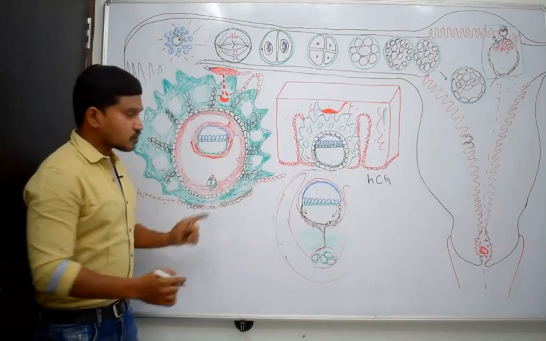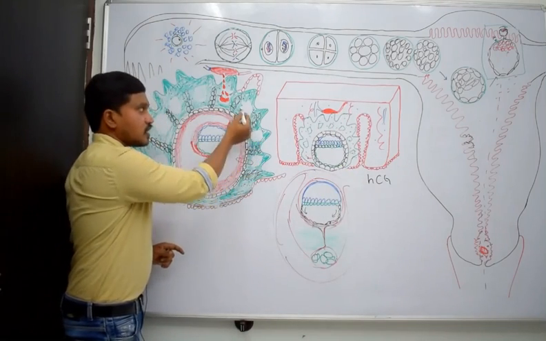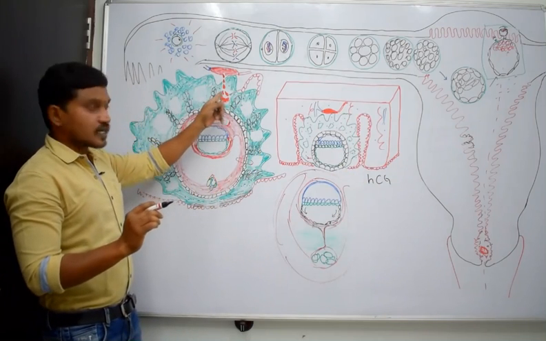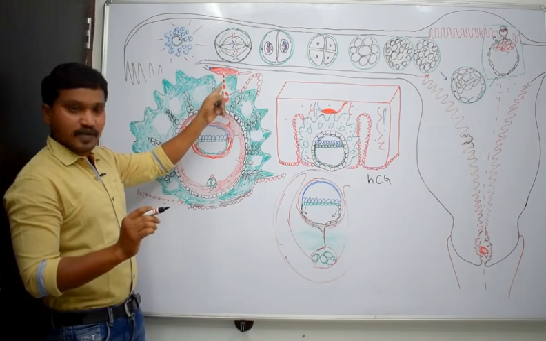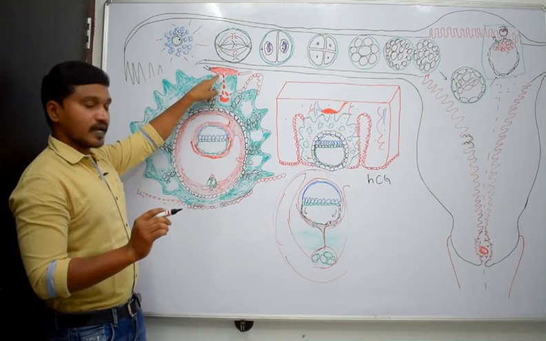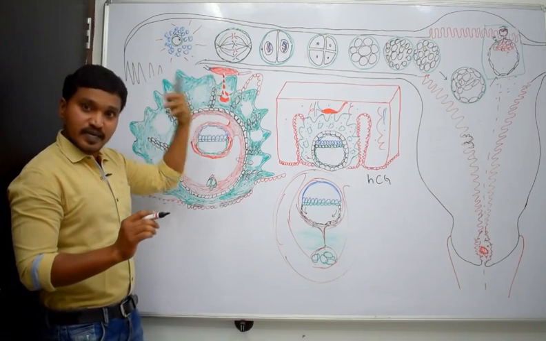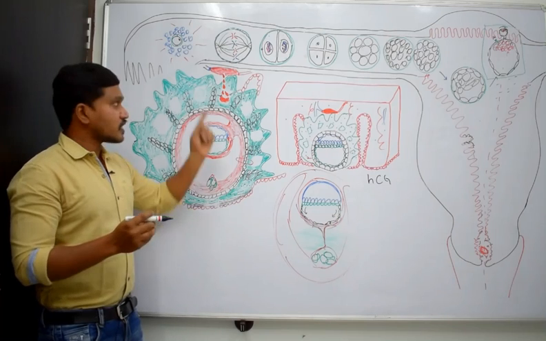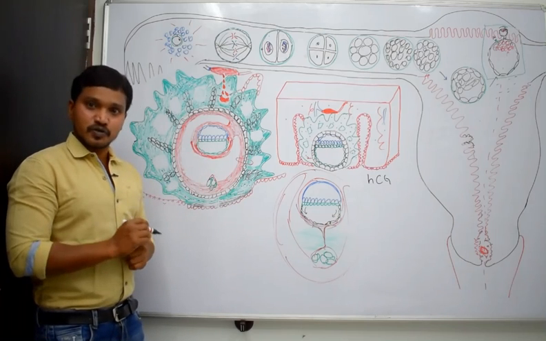HCG will be produced by the syncytial trophoblast that will be entering into the lacunae. Now, lacunae is connected with the bloodstream, right? So this HCG enters into the blood, is filtered in the kidneys, and some amount of HCG will be released into urine.